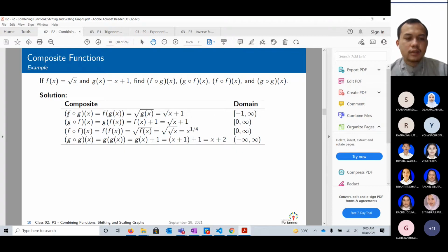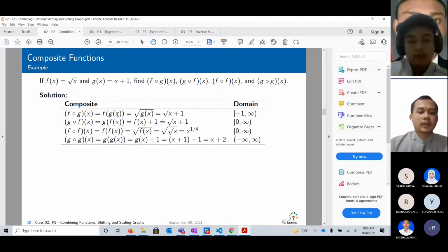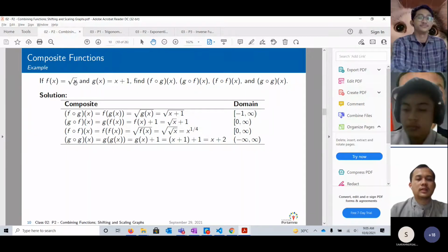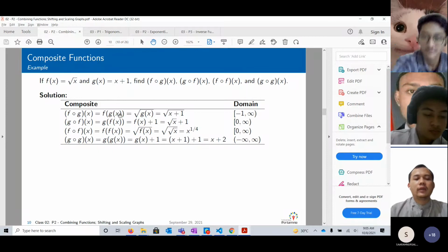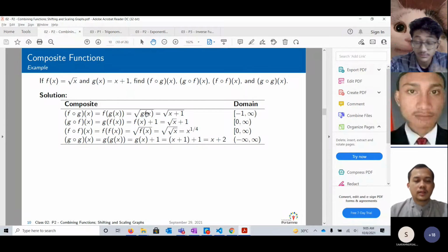First, f composed with g, meaning that we have f of g of x, so now we have square root of g of x instead of square root of x, because f of x is square root of x, then f of g of x is square root of g of x.